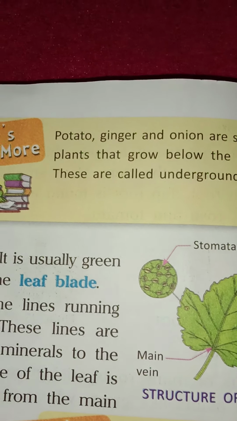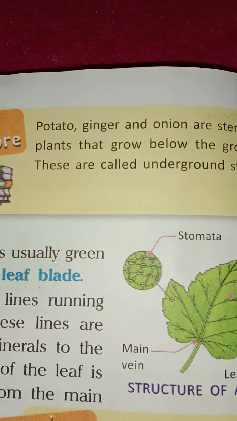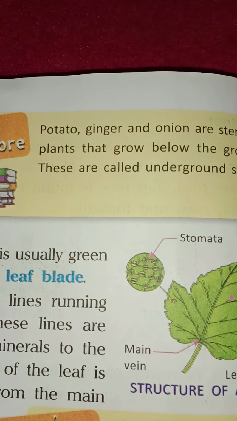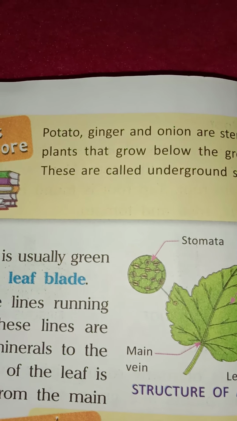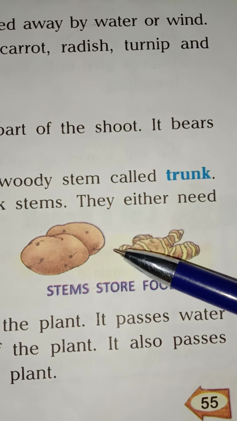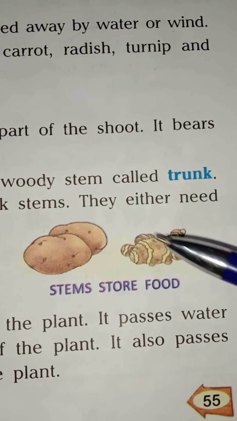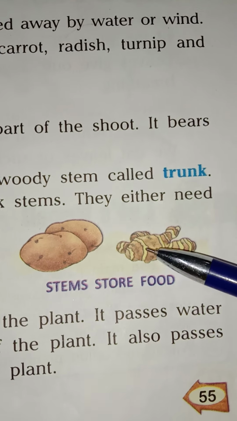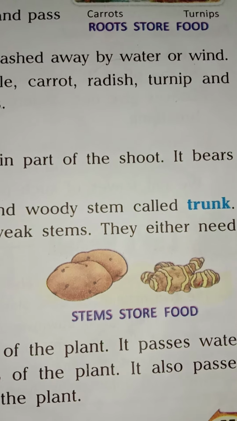They store food materials and become fleshy or bulky. Examples of underground stems are potato, ginger and onion. Student, you can see here potato and ginger store their food in underground stem. Okay, now clear?